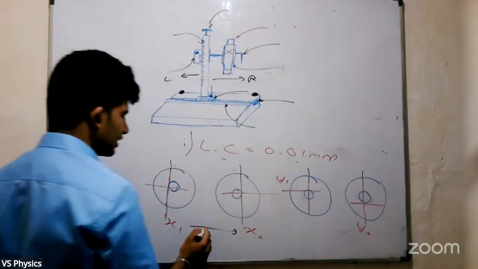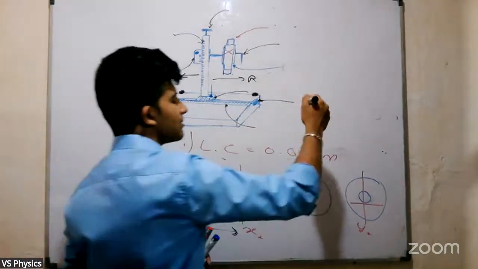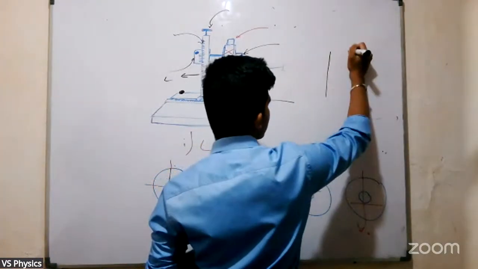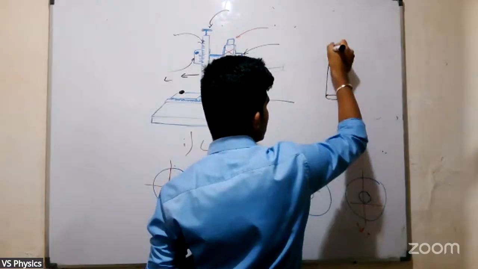Left. Because what is happening is, let's say we draw the microscope. We have the objective piece and the eyepiece.